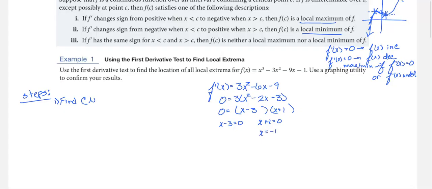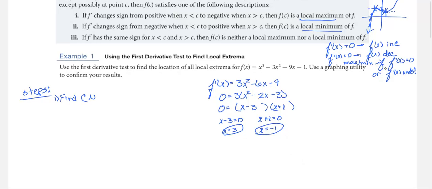One of them is at -1, and one of them is at 3. I also need to think about where that derivative is undefined, and that derivative is not undefined anywhere. It's defined for every x value because we ended up with a quadratic for the derivative. So that's your first step: find critical numbers. Where is the derivative equal to 0 and where is the derivative undefined?